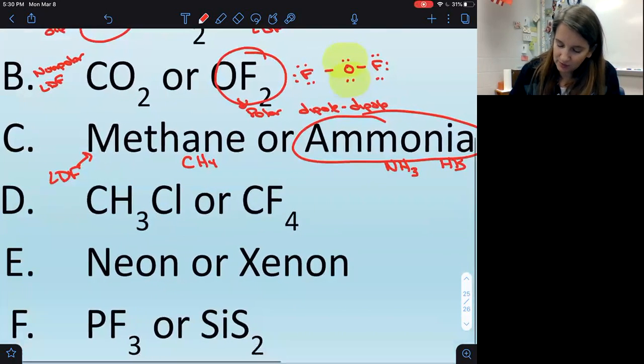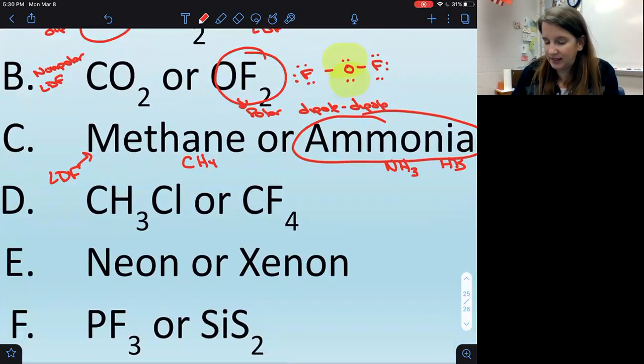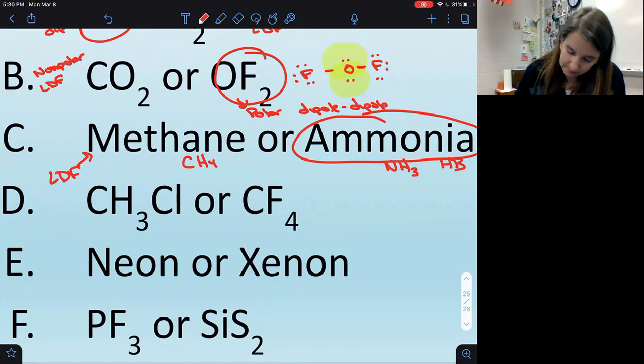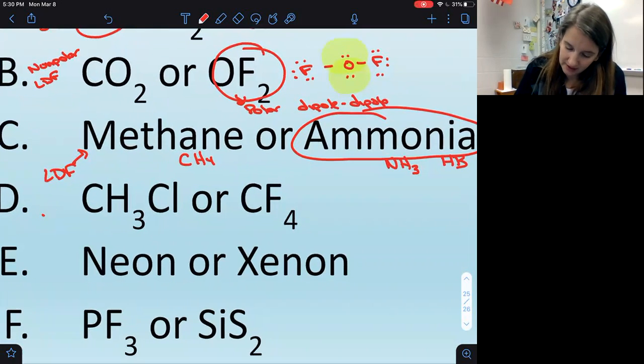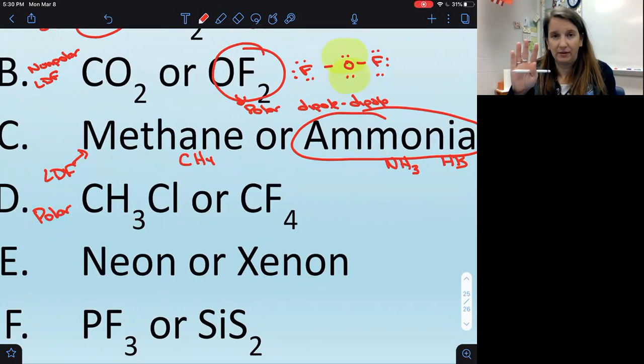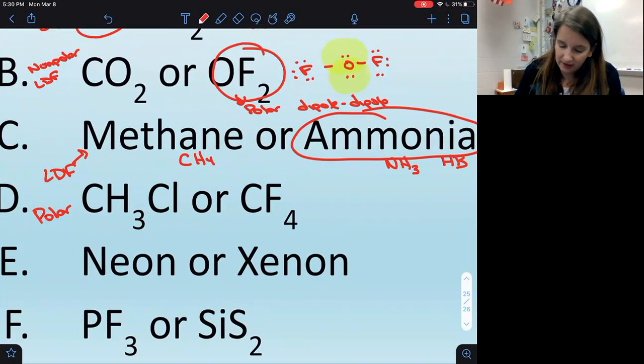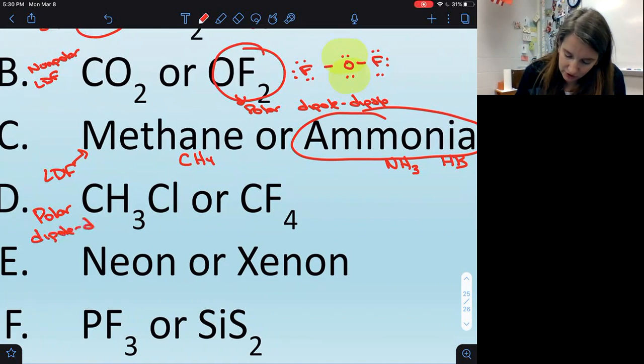So I get to this next one, CH3Cl or CF4. I don't have to draw this CH3Cl to know that it's going to be polar. And how do I know it's polar? Because it's a carbon, and there's going to be 3 hydrogens and a chlorine, which means it's going to have different ends. So this would have dipole-dipole interactions between 2 CH3Cl molecules.